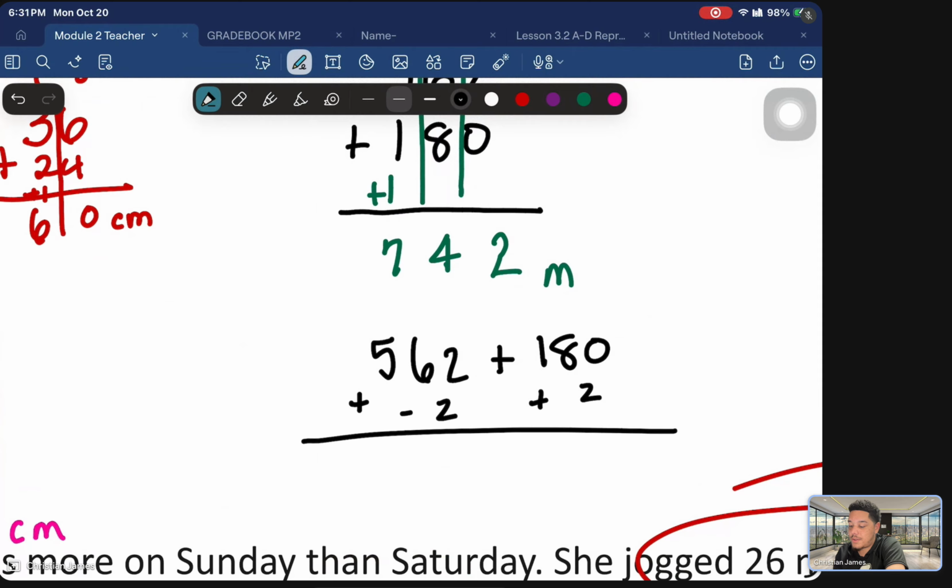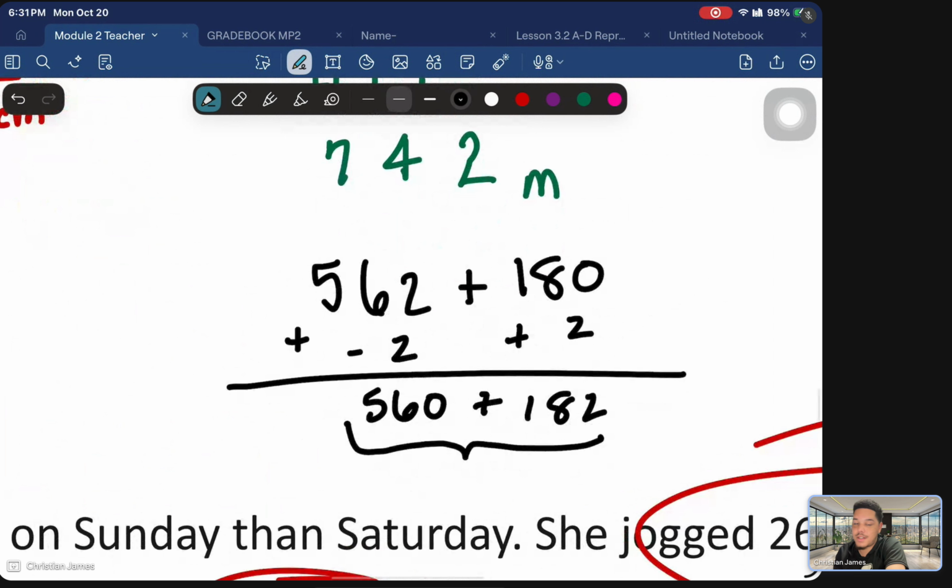So 562 minus 2 is 560, and then 180 plus 2 is 182. It's pretty simple because this one already has a 0 in the ones place, but just in case you wanted to use this strategy, I know that 2 plus 0 is 2.